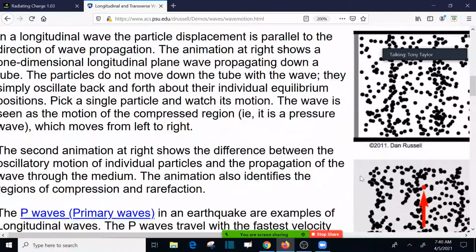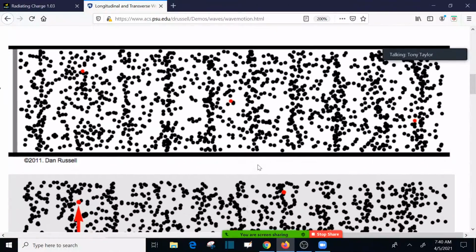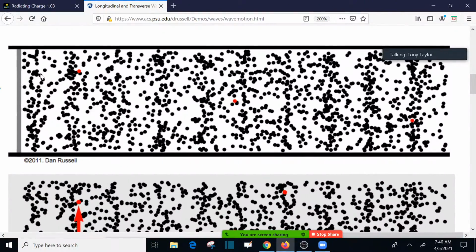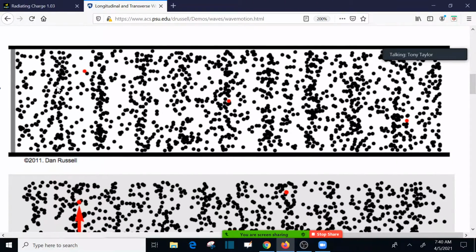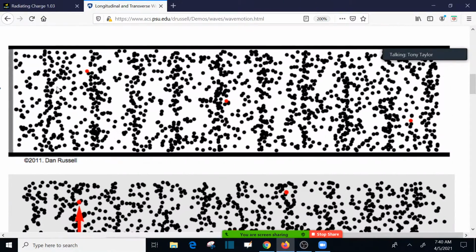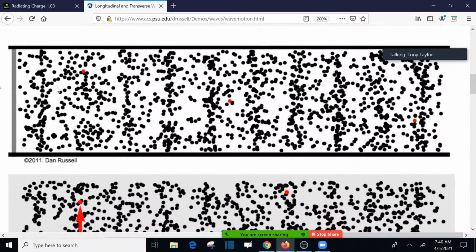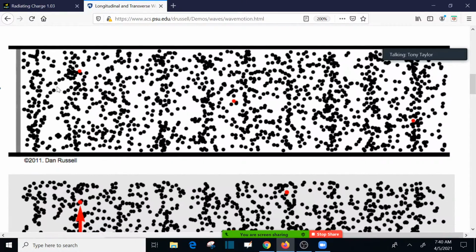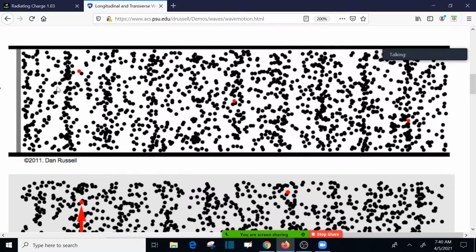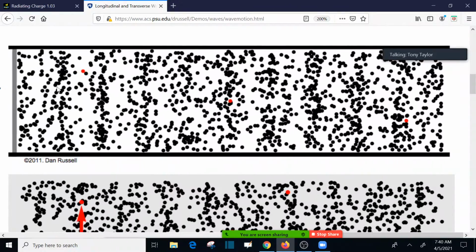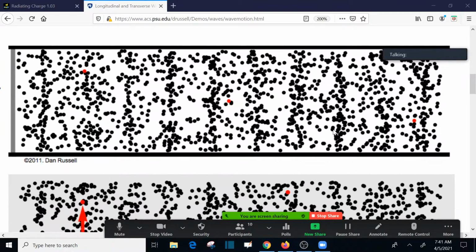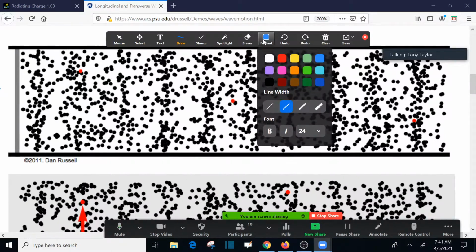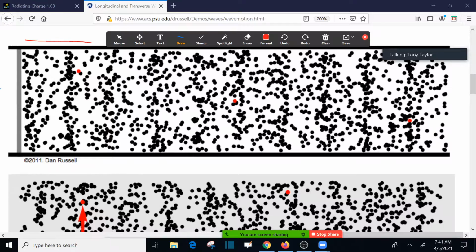You guys can clearly see right here that this is an example of a longitudinal wave. Look at the individual pulses. Notice how the pulses in this medium are traveling from left to right.